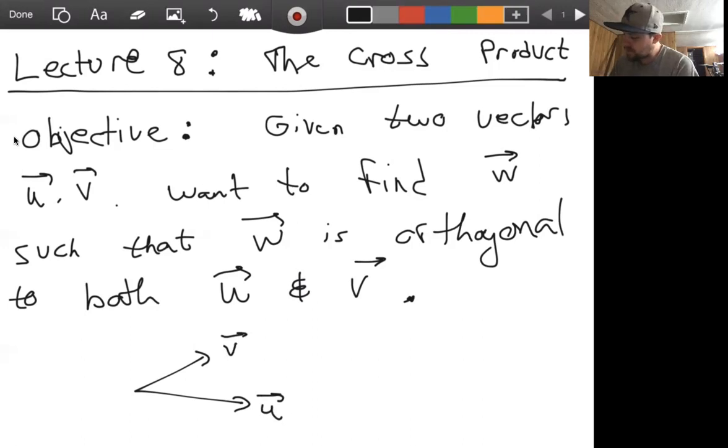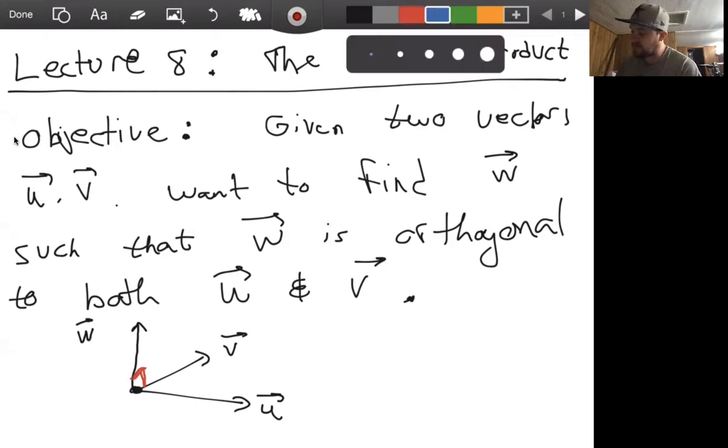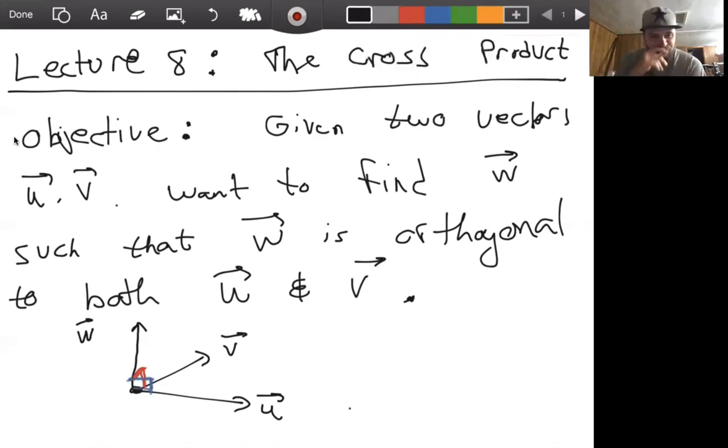And what we want to do is be able to find some third vector w such that u, v, and w are orthogonal, meaning the angle between v and w is a right angle, but also the angle between u and w is a right angle. And so we have these three vectors set up in this way.